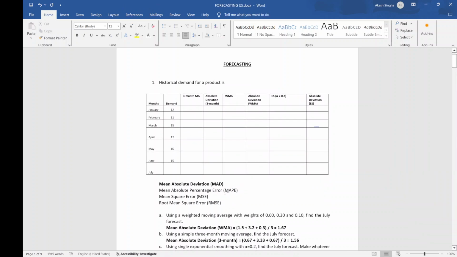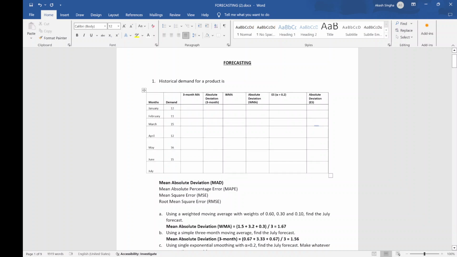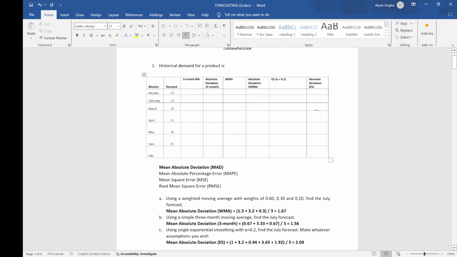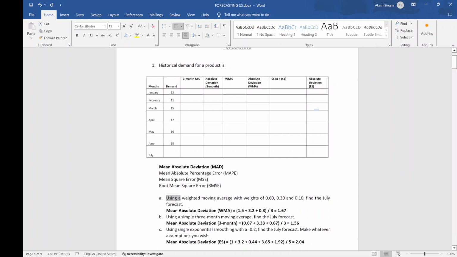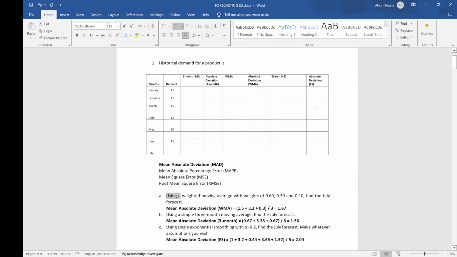Okay, so these things were given. Now the questions were using a weighted moving average with weights of 0.6, 0.3, and 0.1, and then using simple 3 months moving average and using exponential smoothing. So three kinds of things are there.